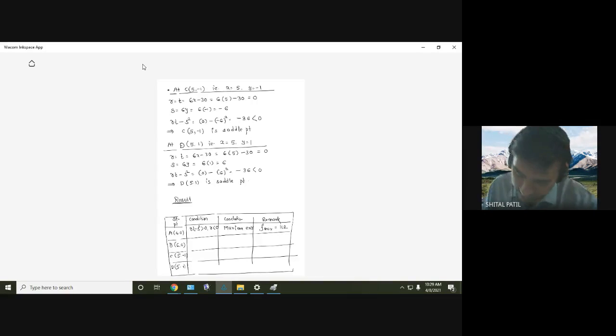RT minus S square is greater than 0. R is also greater than 0. Minima exist.